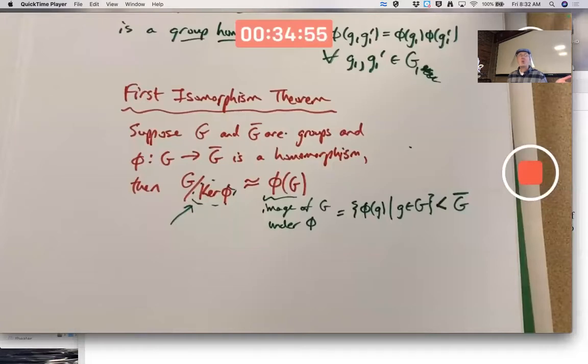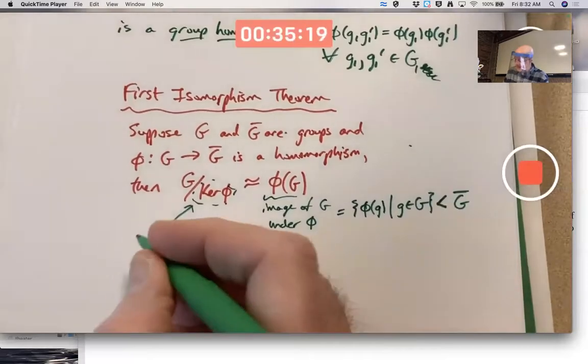Vector spaces are groups under addition. I mentioned that before, ignoring scalar multiplication. What's the zero? I gave it away. What's the identity element of a vector space? The zero vector. The operation's addition.